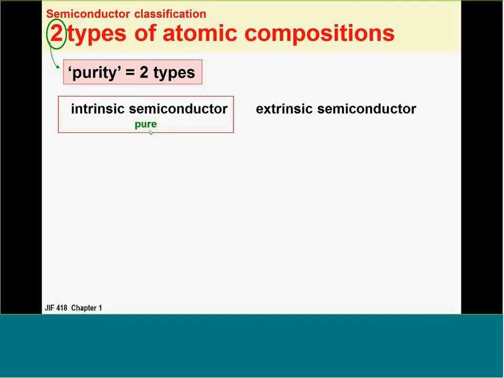So it's pure, without any other elemental addition, and also without a defect. Technically, it's very difficult for us to have this pure semiconductor without any defect, like I have told you just now. And that's an extrinsic semiconductor, where the semiconductor has been doped.